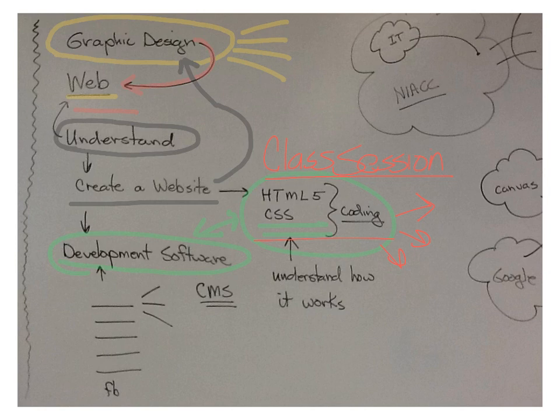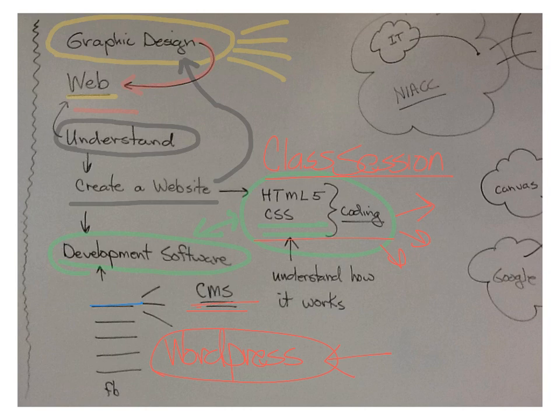For the development software, we're going to use content management systems, and what we'll be using primarily is WordPress. There are lots of resources for WordPress. We're using WordPress Learn, and it's right from WordPress. There may be easier or different approaches, but that's what we're going to do in here. There are a lot of ways to have a web presence.